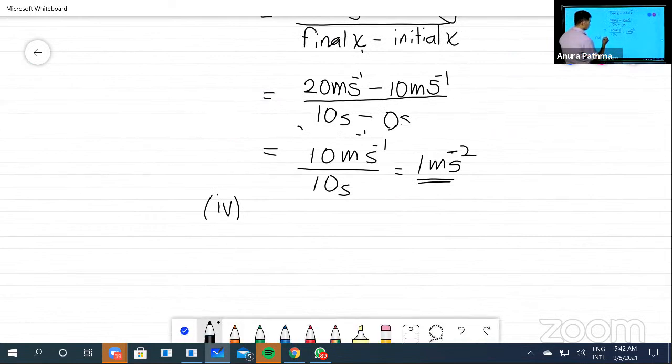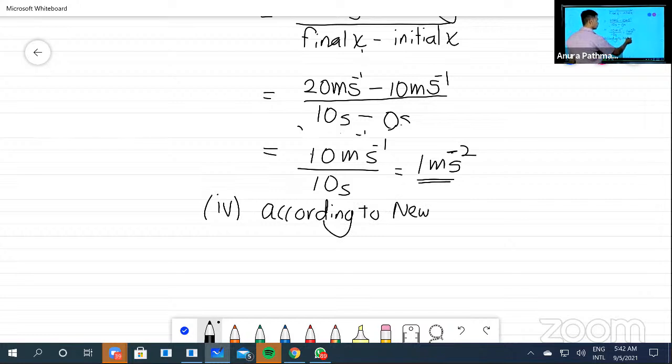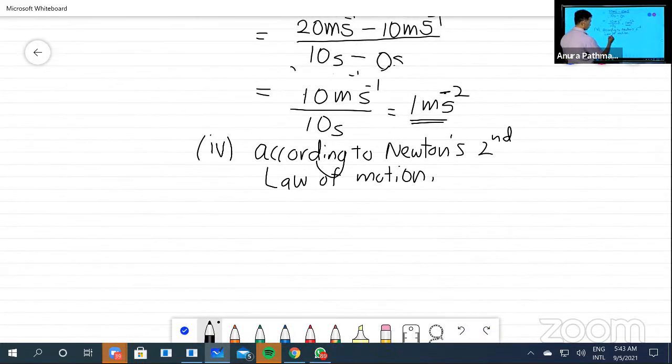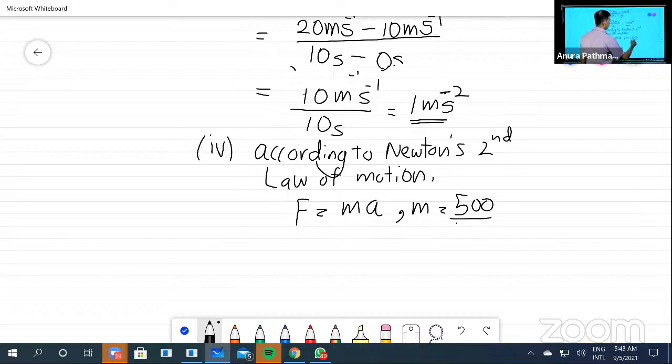According to Newton's second law of motion, unbalanced force applied, F equals ma, and m equals 500 upon 1000 kilogram.